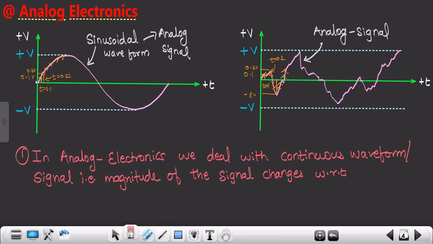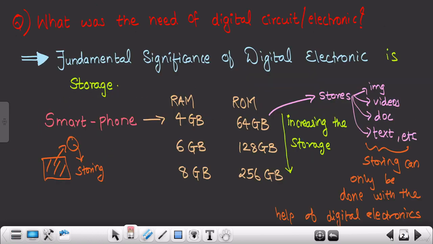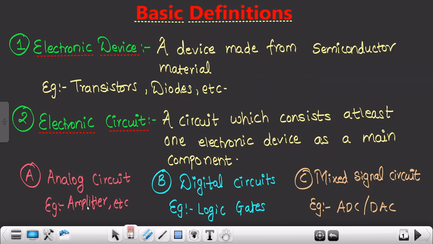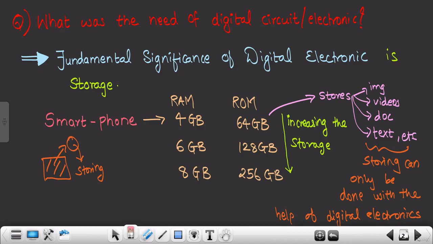And as I told you in the previous sessions, examples of analog electronics or circuits are amplifiers, rectifiers, etc. So I'm not writing that over here.